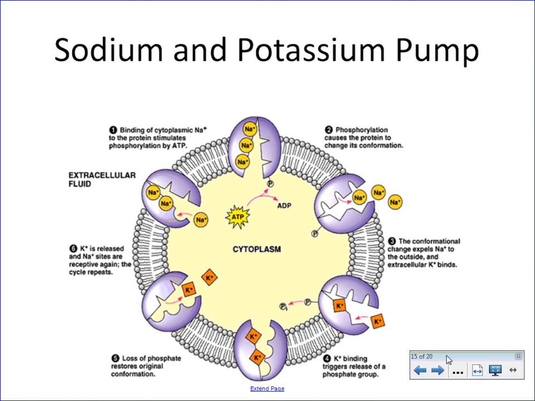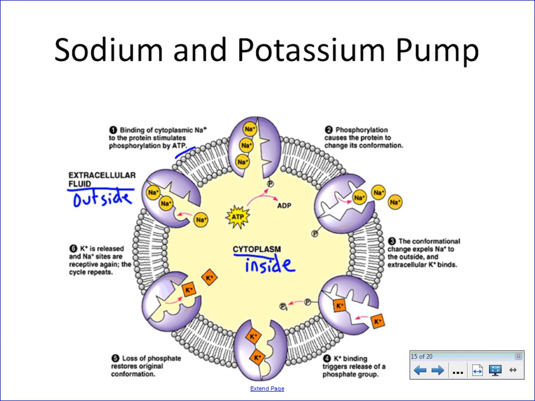So what that looks like in terms of those series of steps is the following. So we'll set up our diagram. We have the extracellular fluid, which we can think of as outside of the cell. We have the cytoplasm, which is inside the cell.